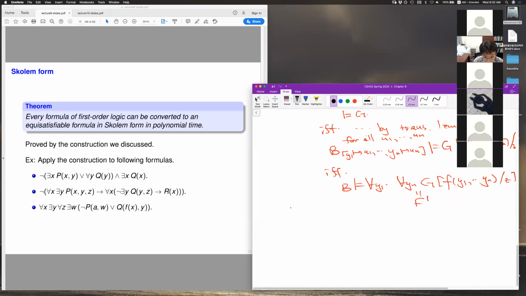Okay, so here's number 4. It's quite simple. First we move negations from outside to the inside, and also replace this implication by disjunction and negation.